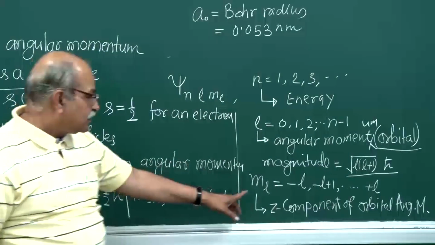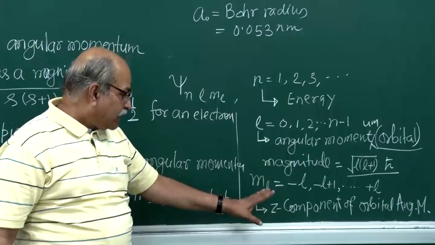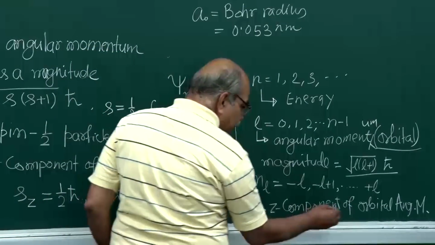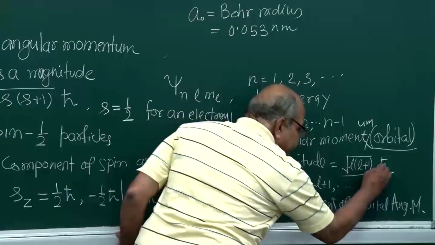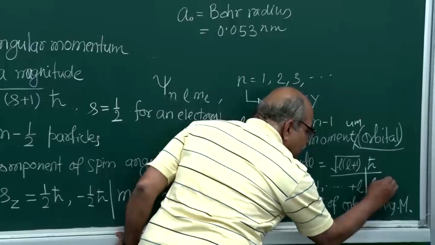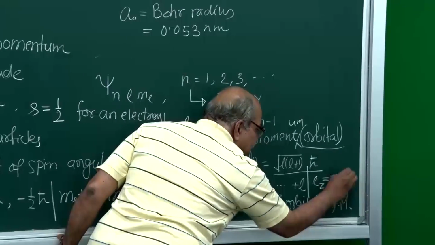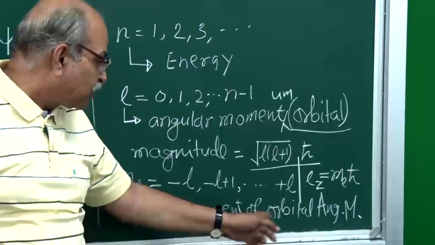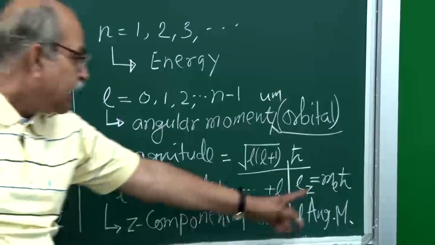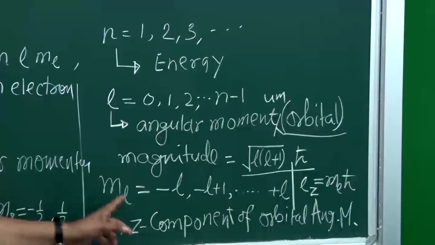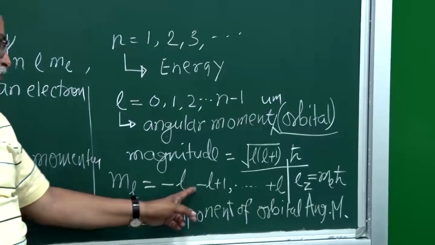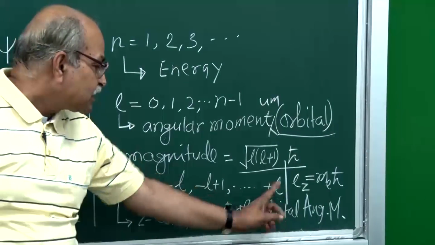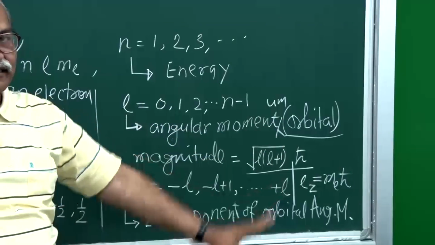The z component of orbital angular momentum, that also I could have written, is Lz equal to ml times h cross, and that ml can take values minus L, minus L plus 1, up to plus L in steps of 1.